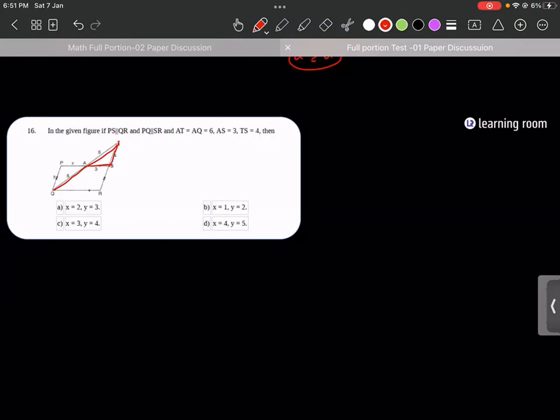Then, so how to solve this? Yes, can I have some response, please? So how will you solve the 16th one?